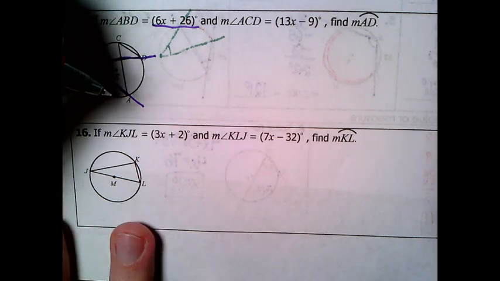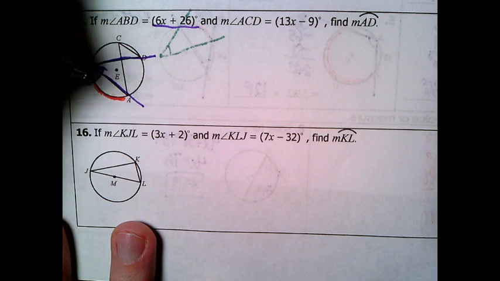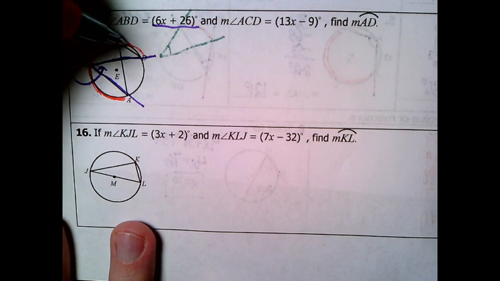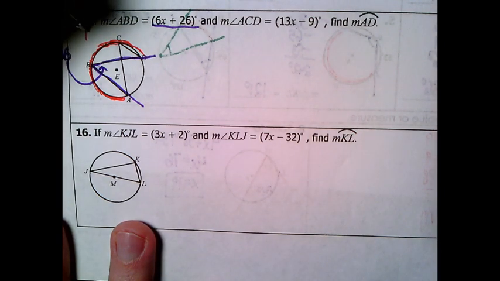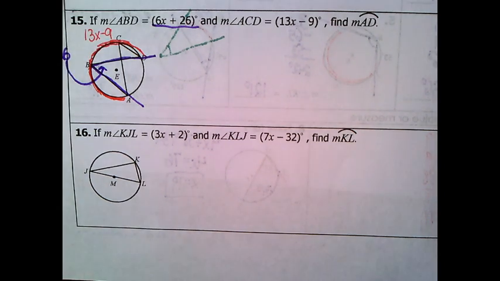ACD. So then going around this way. They give me that arc is 13x minus 9, sorry. And they want AD.